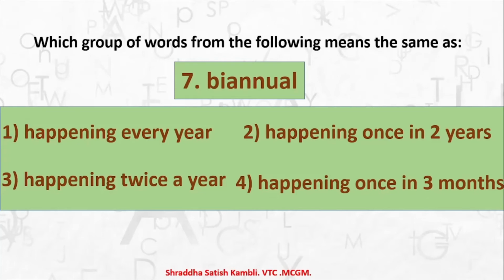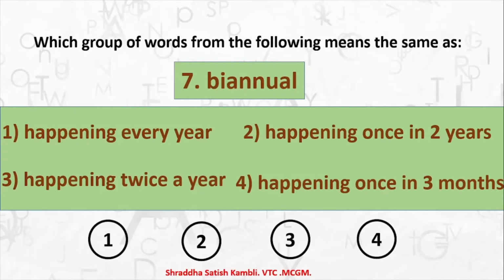Now all of us know that bi means 2, because we say bicycle, a cycle with 2 wheels. But here we have 2 options with 2: happening once in 2 years and happening twice every year. Let us see what the answer is. The right answer is number 3, happening twice a year. There are certain events which are biannual. They happen twice a year.